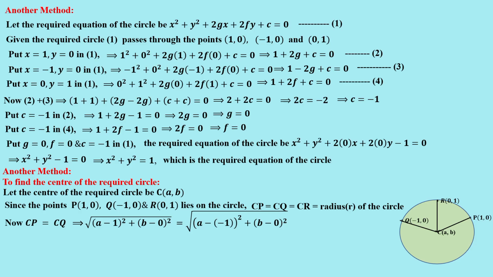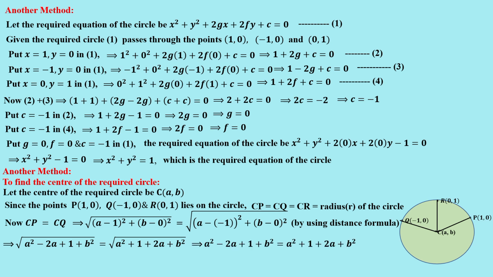That is equal to CQ. C is A comma B again and Q is minus 1 comma 0. So root of A minus minus 1 square plus B minus 0 the whole square. So root of A square minus 2A plus 1 plus B square equal to root of A square plus 1 plus 2A plus B square. Squaring on both sides, we are removing the square roots.